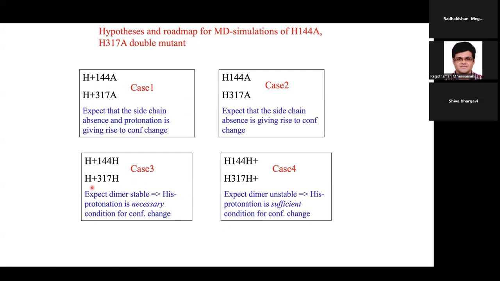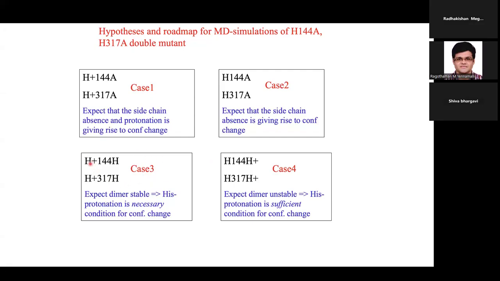In the third case, we do not mutate, but we protonate the rest of the histidines. These two histidines are not protonated. Sorry, I said it the other way.